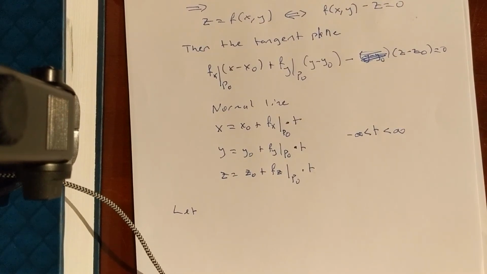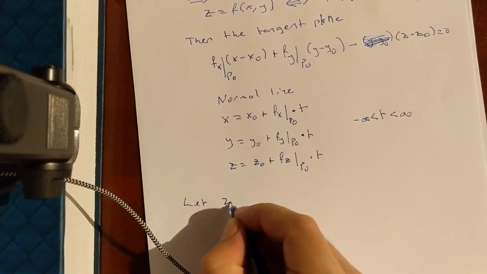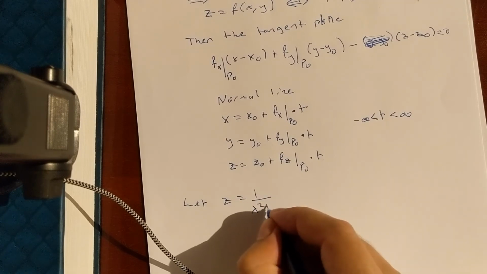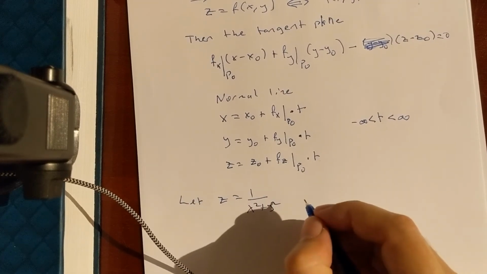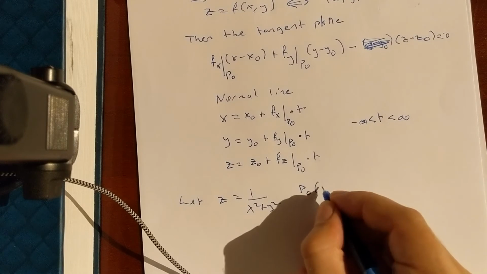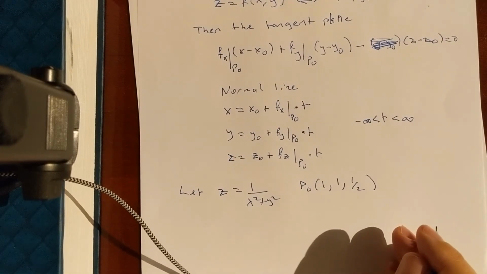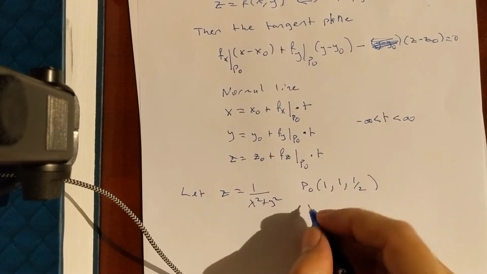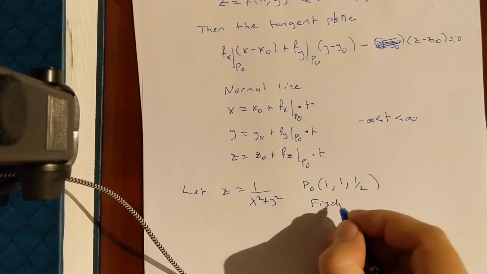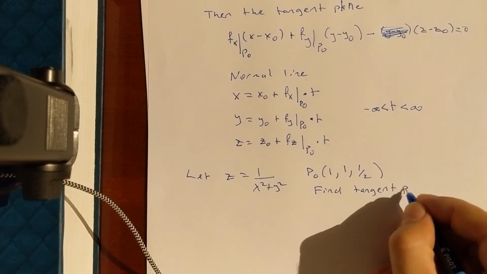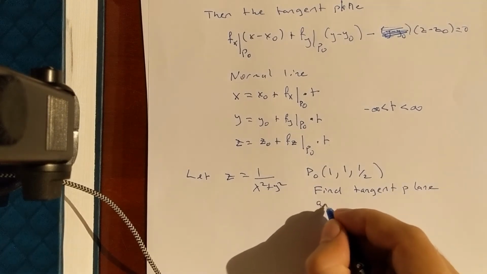Let's look at this function: let z be equal to 1 over x squared plus y squared, and P naught is (1, 1, 1/2). I want to find the tangent plane and the normal line.